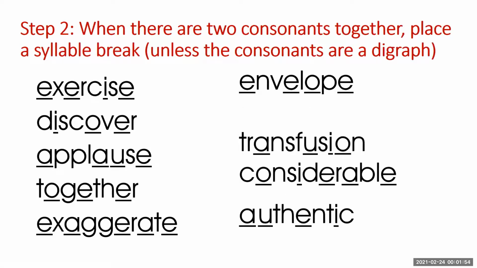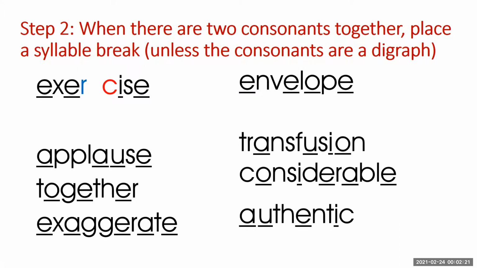Step 2. When there are two consonants together, place a syllable break unless the consonants are a digraph. So look at the first word, exercise. Do you see two consonants together? If you see two consonants together, then you move them apart. That's a syllable break. Where do you see a syllable break in the word discover?